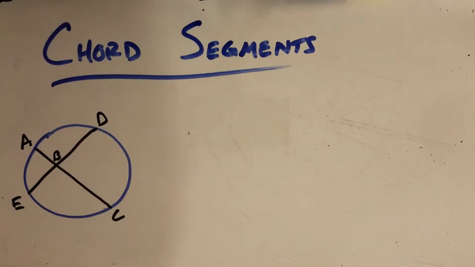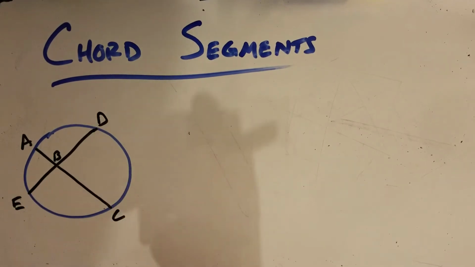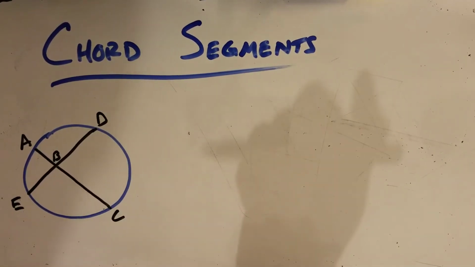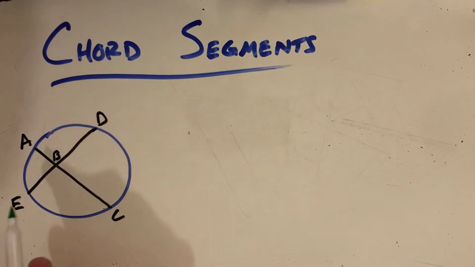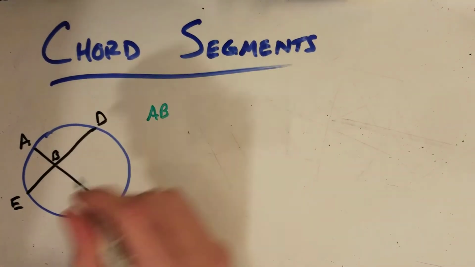And the theorem we're going to talk about with this today is if we have two chords that intersect in a circle, like AC and ED, then the product of their chord segments are going to be equal to each other. And that means that, like AC, the chord segments that it's broken into are AB and BC.